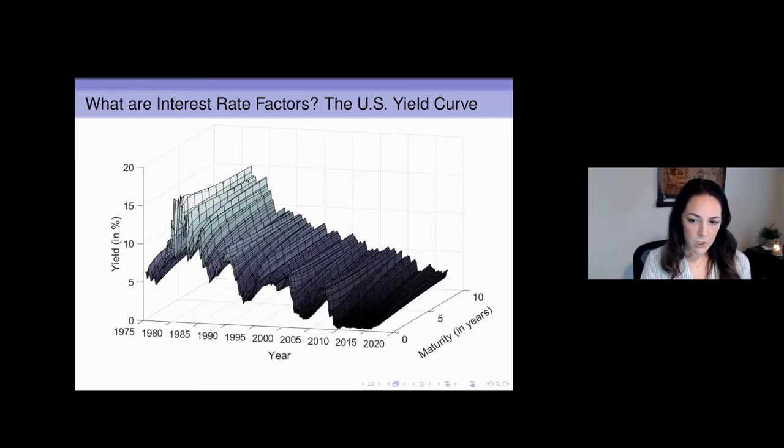Another aspect of interest rates that stands out is the long end of the yield curve that we see when we look at the 10-year yield over here. And this feature of interest rates suggests that the long-term end of the yield curve has been declining for many decades now. And this is not unique to the United States. We see many other advanced economies that are also experiencing this downward pressure on yields in the long end of the yield curve.